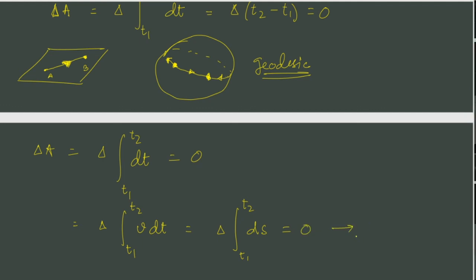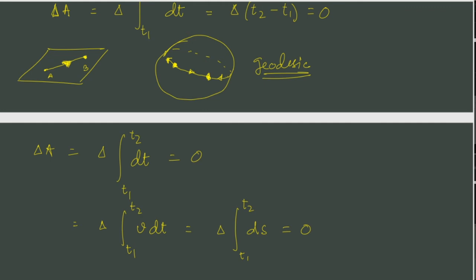So the shortest path or the maximum path is the one which takes the minimum time or maximum time, and the path which is shortest or longest, both are equivalent as long as the particle is moving with a fixed speed or kinetic energy is fixed.